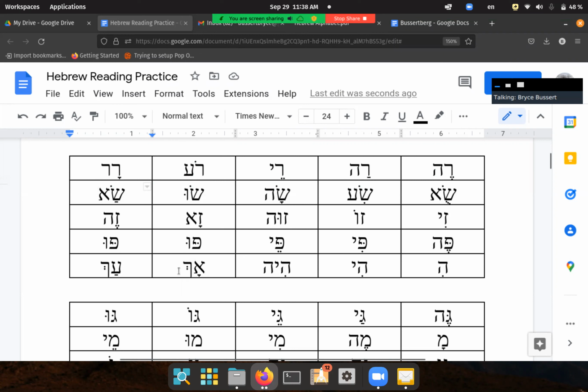Okay. Now, if you remember, the final kaf looks a lot like final nun, except it's wider. And a common way that you distinguish those two, the final nun and the final kaf, from each other in writing is to put these two little dots that look like shva inside the kaf, right?